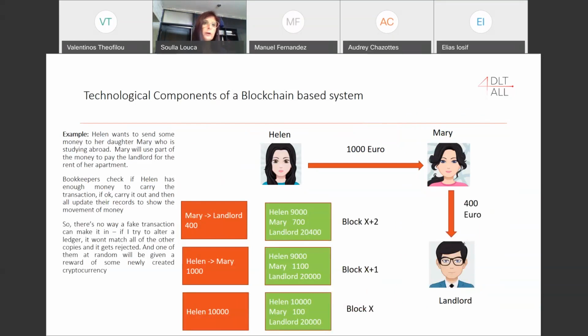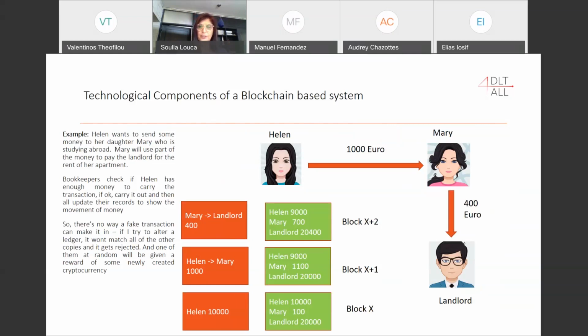Helen, the mother, wants to send some money to her daughter, Mary, who is studying abroad, as Mary needs to pay the rent to the landlord. The rent is actually €400. Of course, the mother will send some extra money to the daughter for the rest of her expenses.